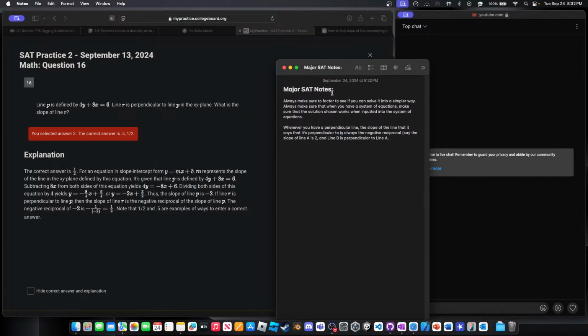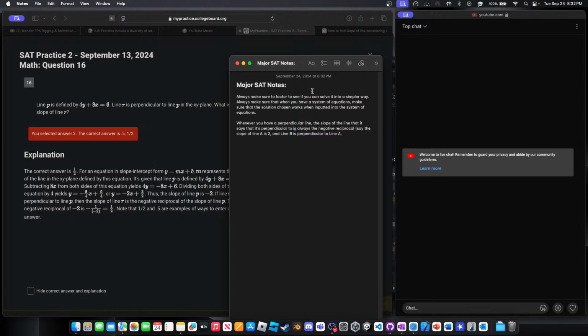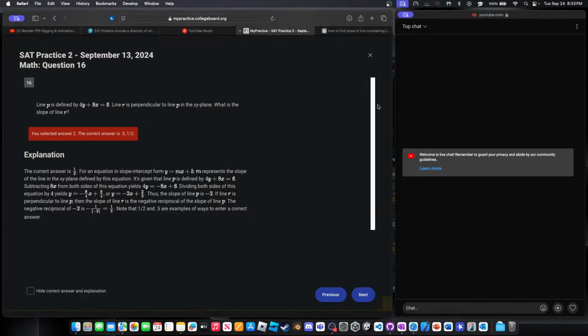Then the slope of line B will be negative 1 over 2, because it's negative 1 divided by slope A. Cool. That explains that. Next.